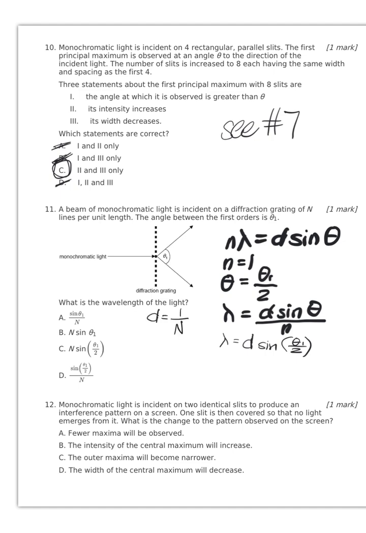They are inverses of each other. So instead of d, I can put in 1 over N, giving me a wavelength of sine of theta 1 over 2, over N. That's choice D. Let me cheat and check the mark scheme. 11 is, you got it, choice D.